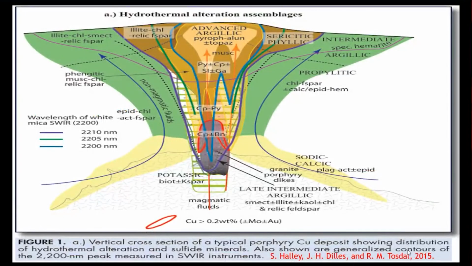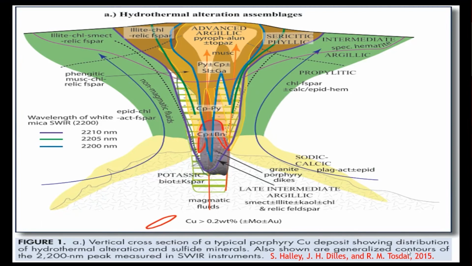Here is a great diagram from that same Halley and Dillis paper that shows a typical copper porphyry deposit and how the white mica 2200 nanometer shifts as you get closer to the zonation. In general, as the ore zone is approached, these white micas will become more iron and magnesium rich, dropping the aluminum as the process progresses.